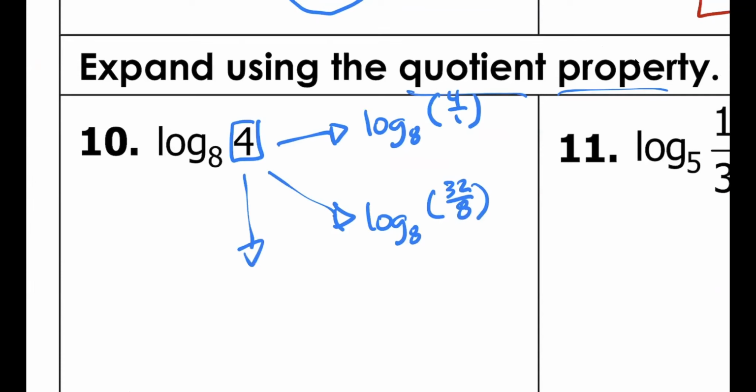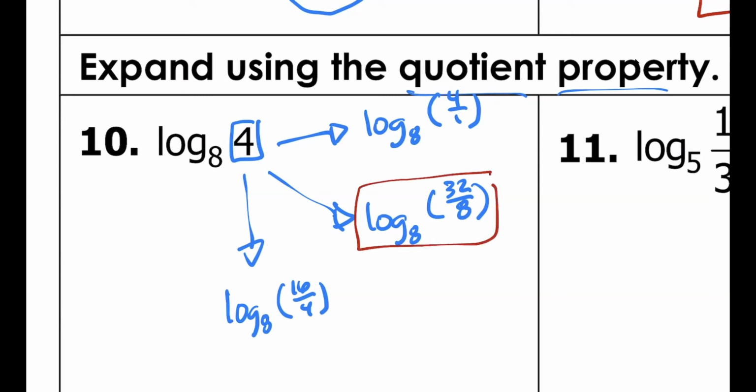Or log base 8 of 16 over 4. That also gives me 4. We can keep on and on. For our case, let's just pick a simple one. It doesn't matter. And since I have a division, I'm taking the log of a quotient, it's going to be subtracting 2 logs.